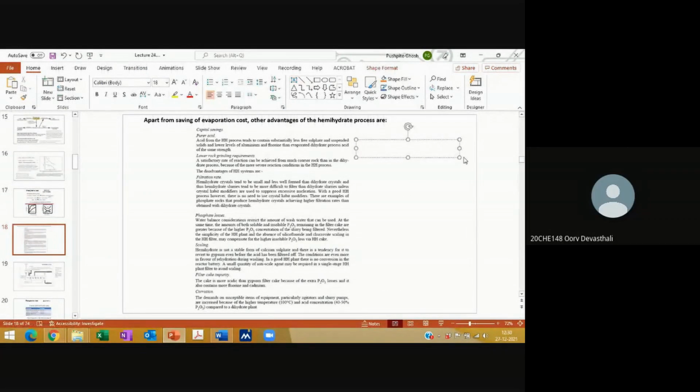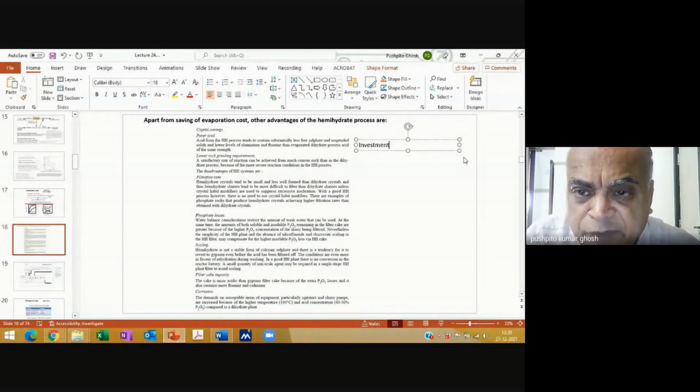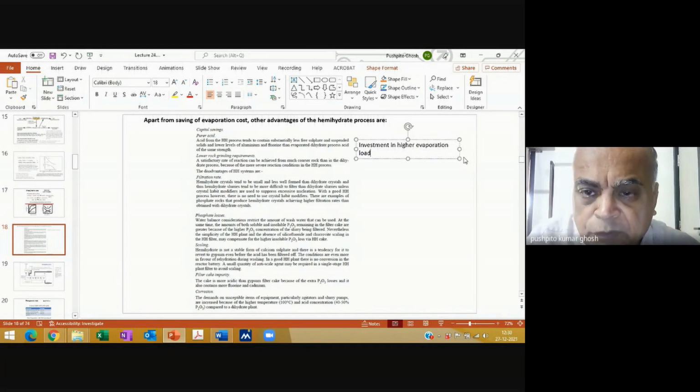But won't a higher amount of energy be required? One second. Investment in higher evaporation load.